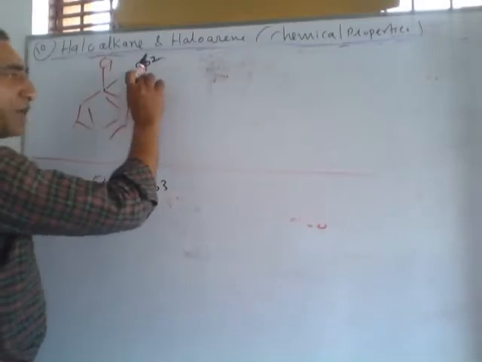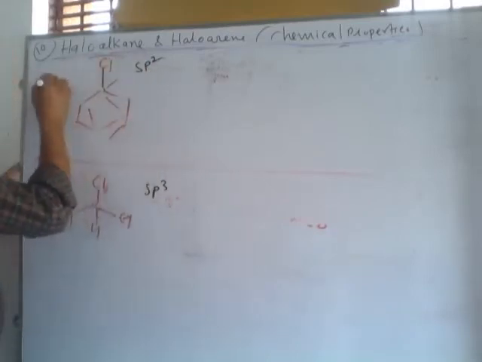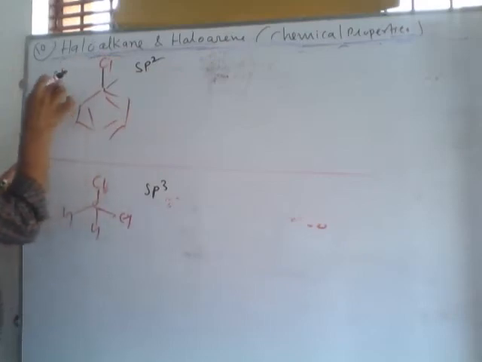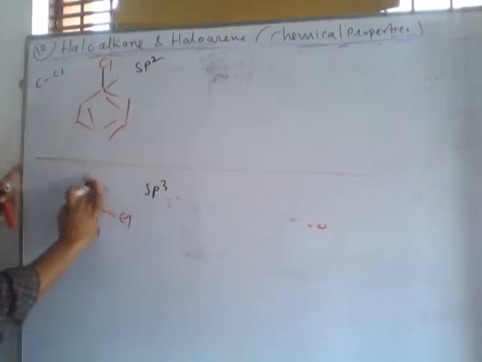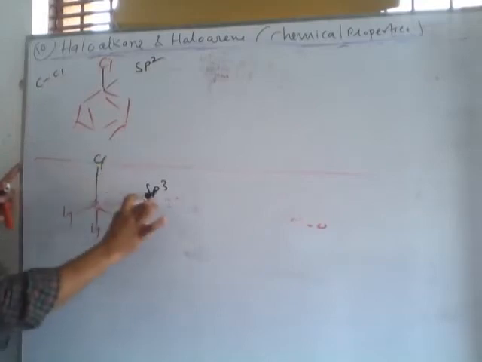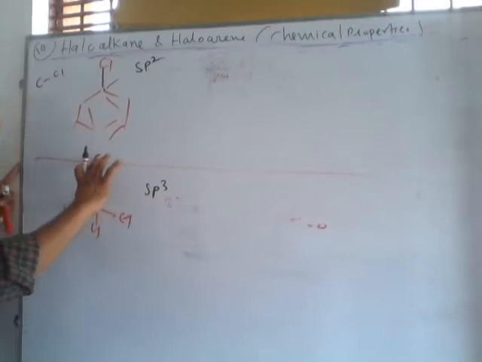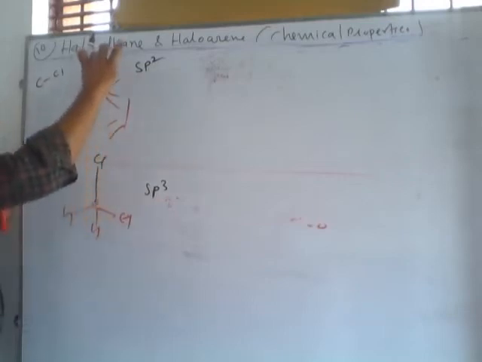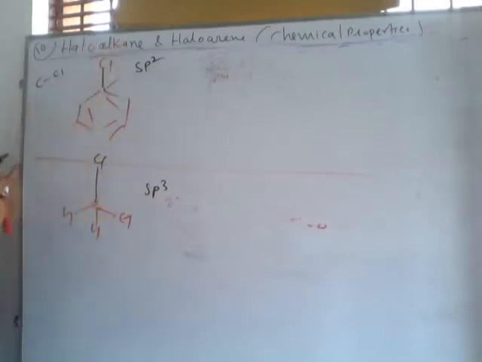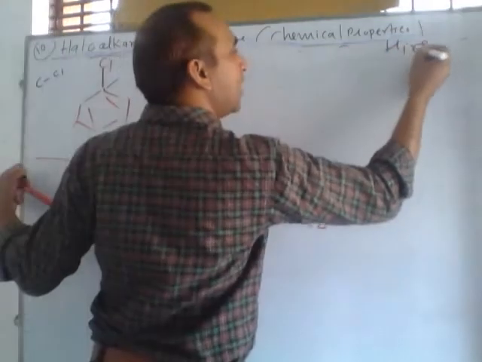In sp2 hybridization, the bond length between carbon and halogen is very short, but in this case the bond length is long. So a long bond can easily break during the reaction, but breaking a short bond is very difficult. This is the first reason.